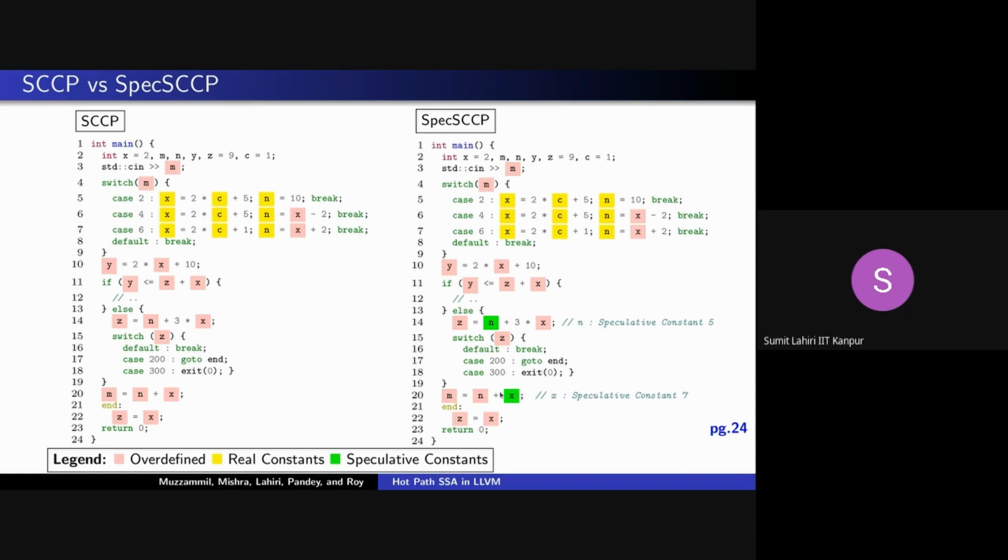Over some hot path, X will always take a value of 7 on line number 20, and N will take a value of 5 on line number 14. Here N and X are not constants in the standard analysis, but we could identify them as speculative constants through our profile guided optimization pass.